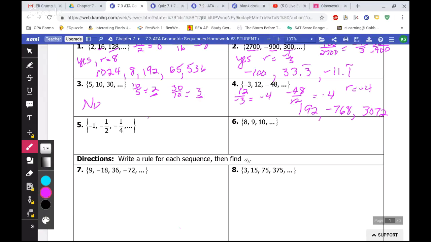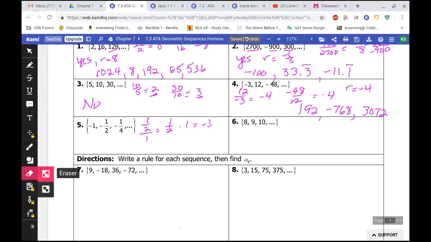I mean, this is how you would do that, which then looks like this. And then if you took 1/4 and divided it by 1/2, you're going to see that your common ratio is negative 1/2.